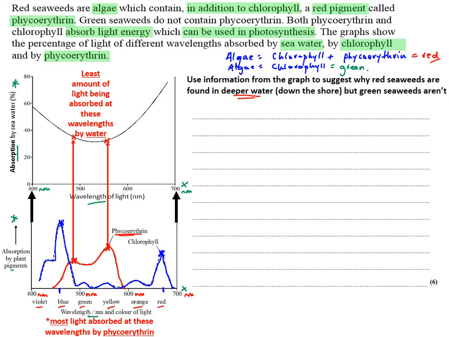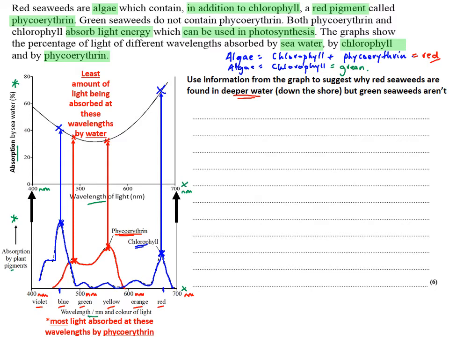By chlorophyll, the pigment. Now when we correlate these peaks where most light is being absorbed by chlorophyll in the red and the blue parts of the visible spectrum, we can see there's a higher level of these wavelengths of light being absorbed by the seawater, which means red and blue light don't penetrate the water quite as easily as green and yellow light.